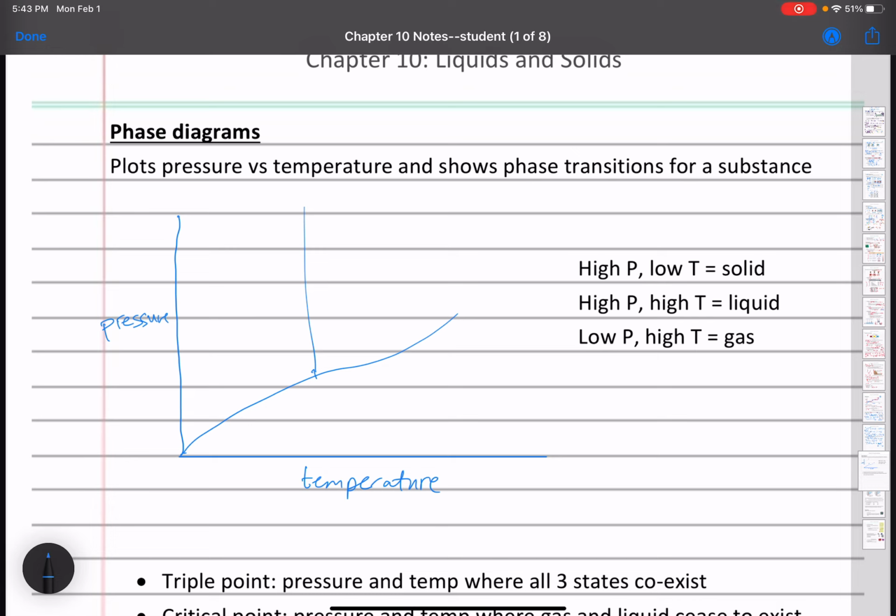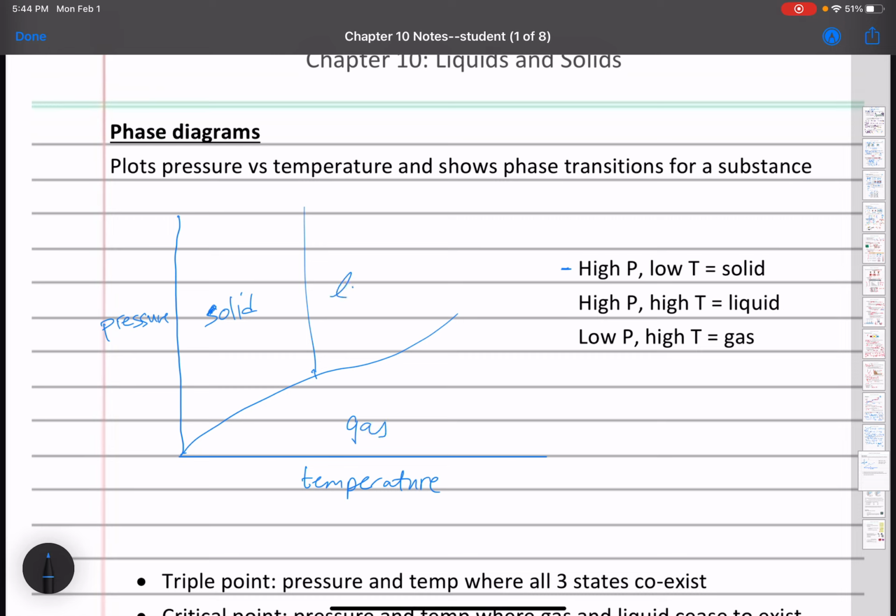Okay, so in this zone here, where we have high pressure and low temperatures, this is where the solid exists. Over down here at low pressures and increasing temperatures, this is where the gas phase exists.